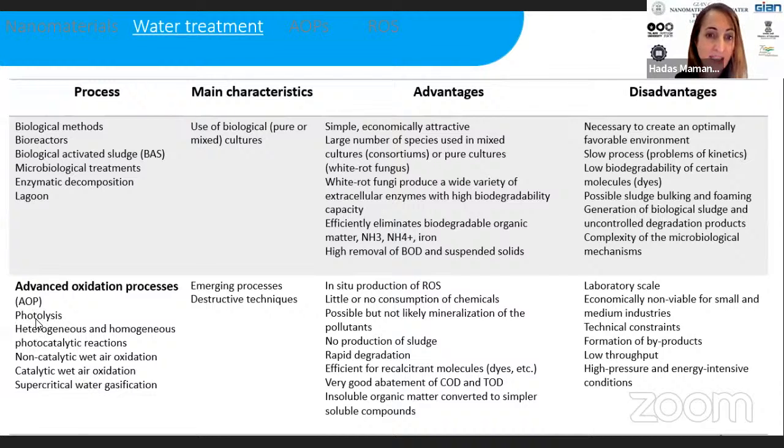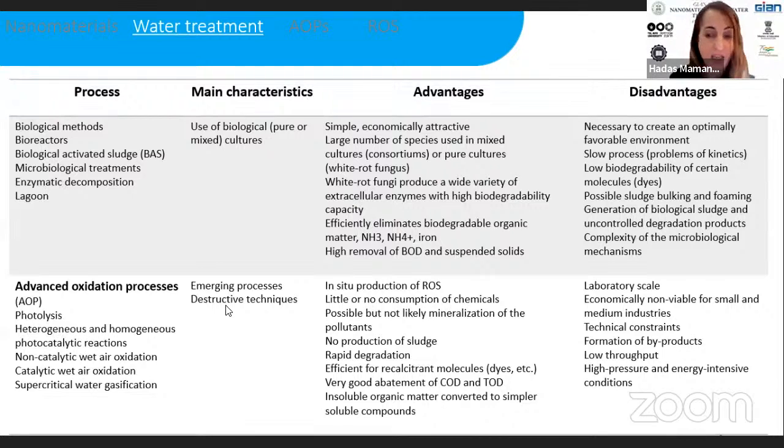Advanced oxidation processes may include, and we'll discuss this very soon in more detail, photolysis, heterogeneous and homogeneous photocatalytic reactions, non-catalytic oxidation, supercritical water gasification. So they are processes that generate reactive species. These are emerging and disruptive processes.